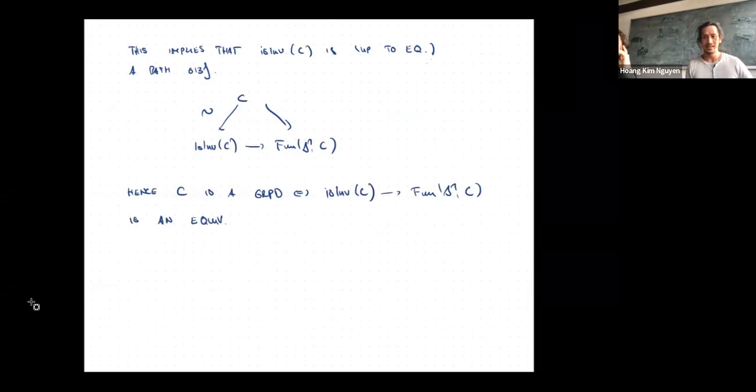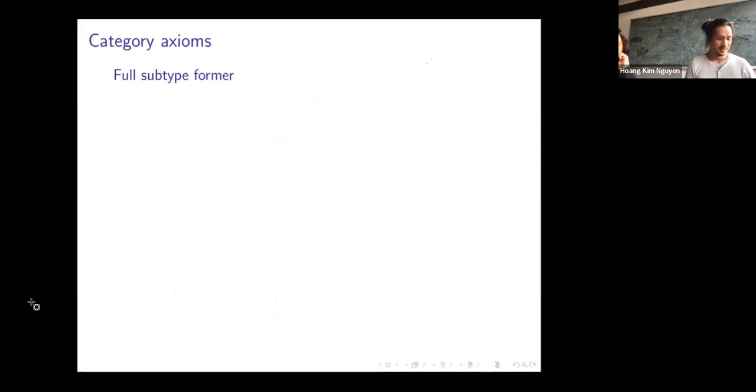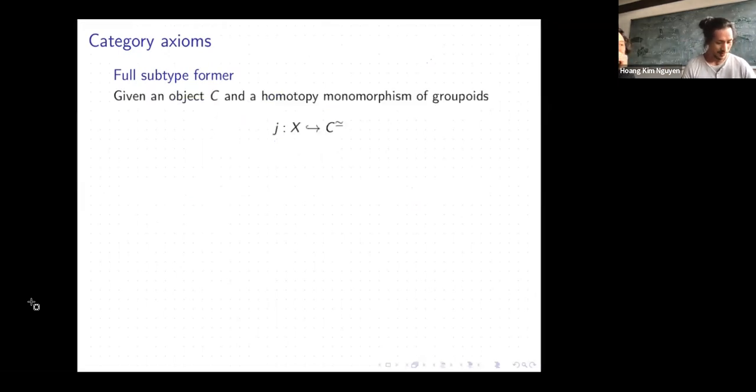And then finally, I think the last axiom that I should state for today, and then we want to be able to form full subcategories of things. So that's a full subtype former. So basically what we want to do is we want to say that given a sort of set of objects, we want to take the full subcategories by this, but that doesn't quite make sense. So what we do is we're given an object and we would like to have a homotopy monomorphism of groupoids.